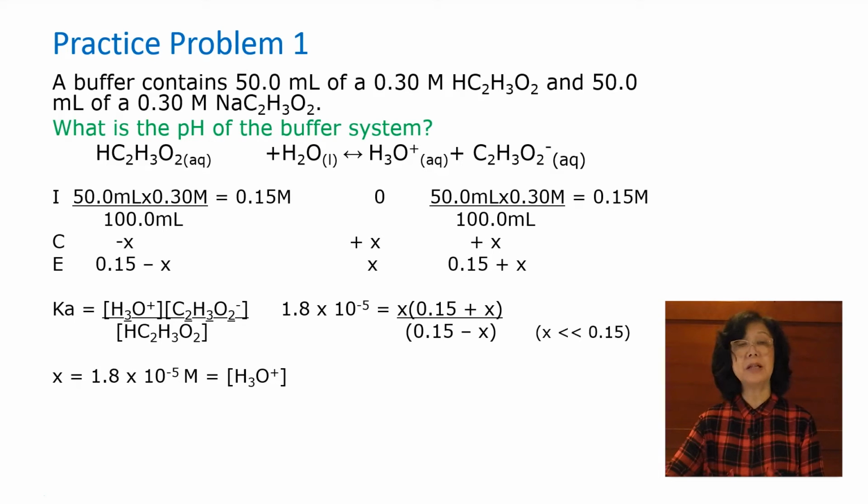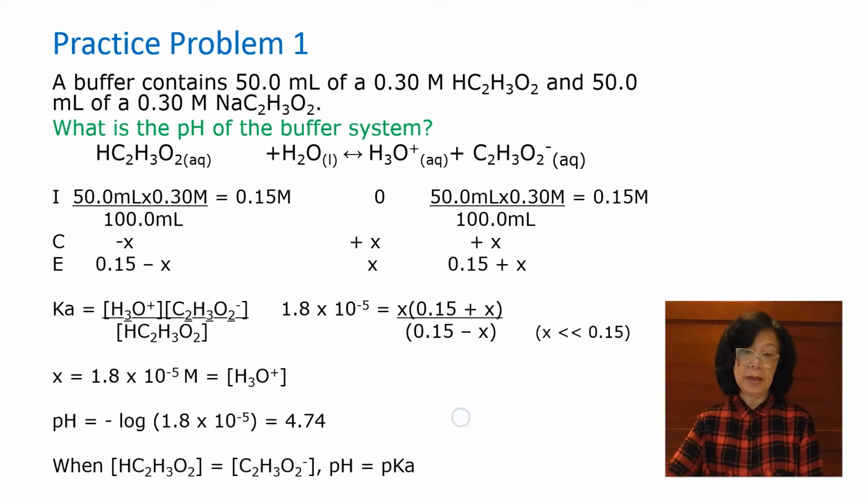Now solving for x, which is the hydronium ion concentration, which is equal to 1.8 times 10 to the minus 5, which has the pH of 4.74. And therefore, we conclude that when the acetic acid and the acetate ion are of equal concentration, the pH of the buffer is just the pKa.